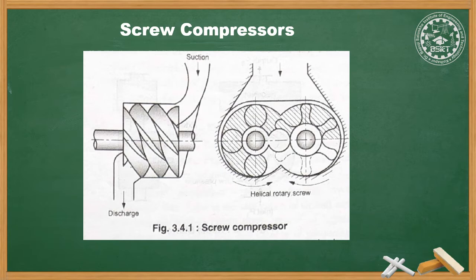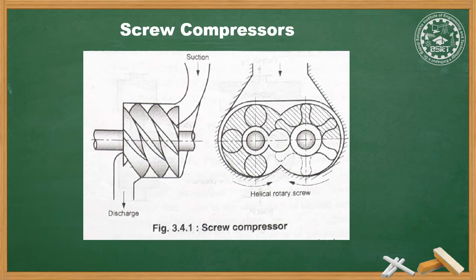In its construction, it has a casing, an air filter, rubber seal, suction valve, and delivery valve mainly. It basically consists of two helical grooved rotors which are meshed with each other in housing with an air filter, rubber seal, suction, and delivery port.